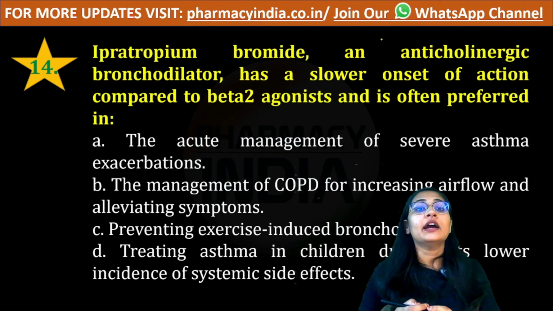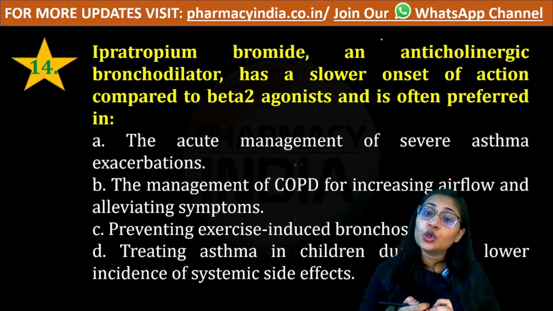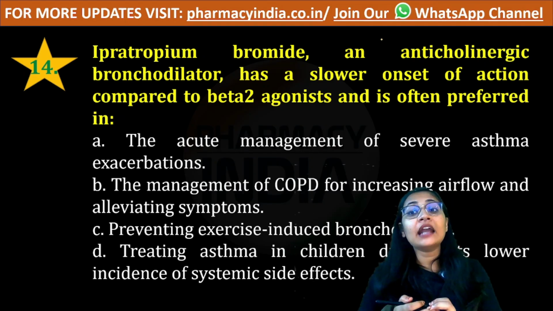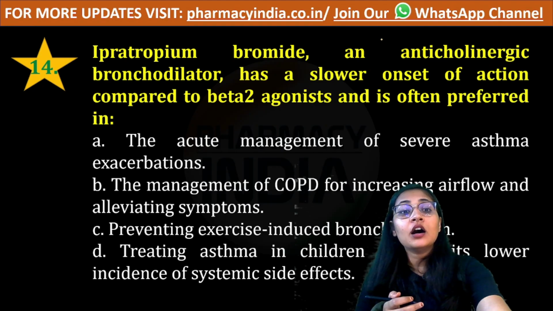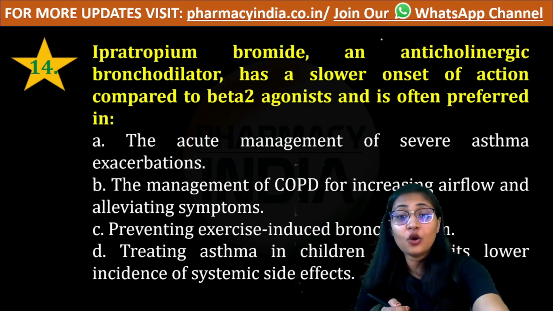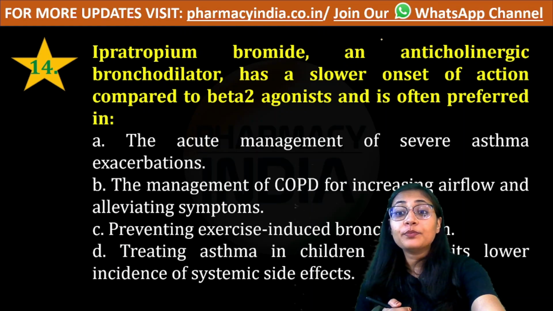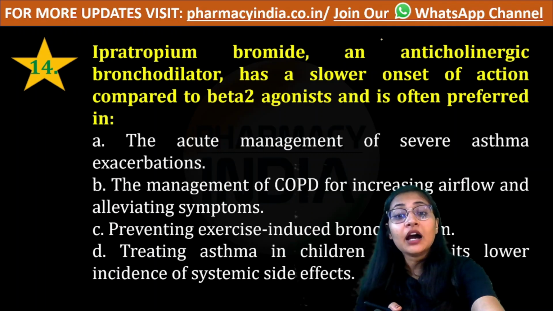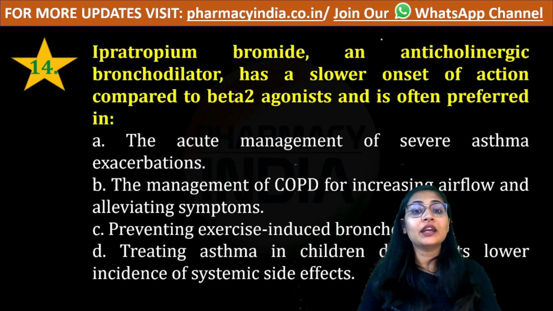Next question, question number 4. Ipratropium bromide, an anticholinergic bronchodilator, has a slow onset of action compared to beta 2 agonist, and is often preferred in the acute management of severe asthma exacerbation, or the management of COPD for increased airflow and alleviating symptoms, preventing exercise-induced bronchospasm, or treating asthma in children due to its lower incidence of systemic side effect.